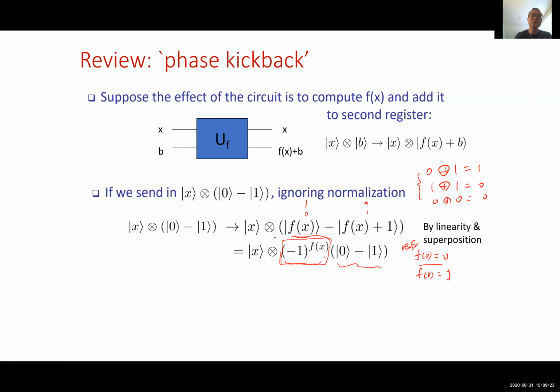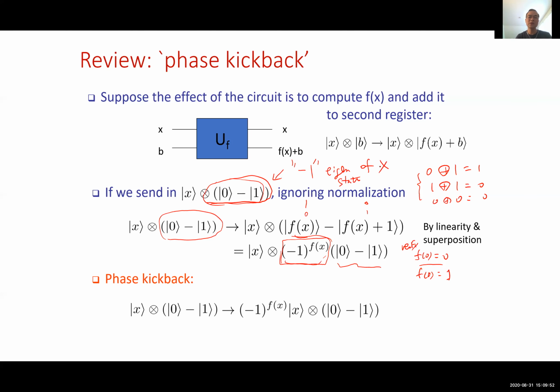In some other cases, you may send in some other states, but maybe the general principle is this state is some eigenstate of the system. In fact, this is the minus 1 eigenstate of the X operator.